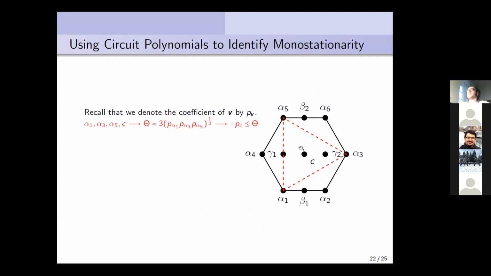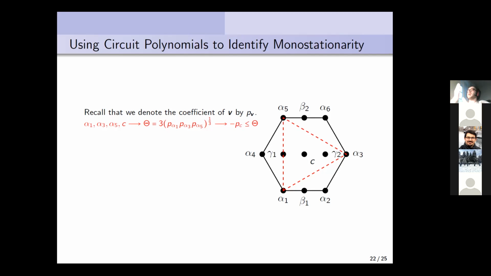And if the minus coefficient of C is less than or equal to theta, the number that you calculate over here, then you know that the polynomial supported on these 4 points is non-negative, and we know that the rest was already non-negative, so the whole thing is non-negative, and the big P is also non-negative, because looking at this face was already enough.